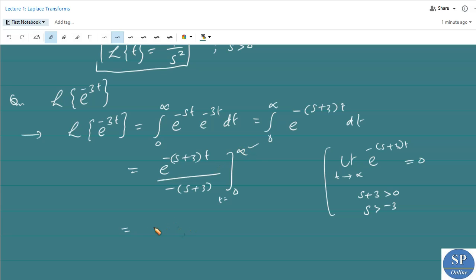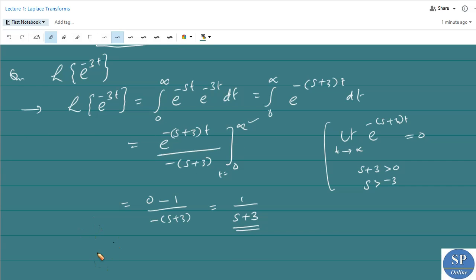So e power minus infinity, which is 0, minus e power 0, which is 1, divided by minus s plus 3, is equal to 1 by s plus 3. That is the Laplace transform of e power minus 3t is equal to 1 by s plus 3.